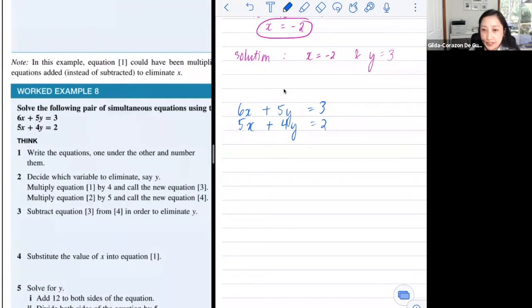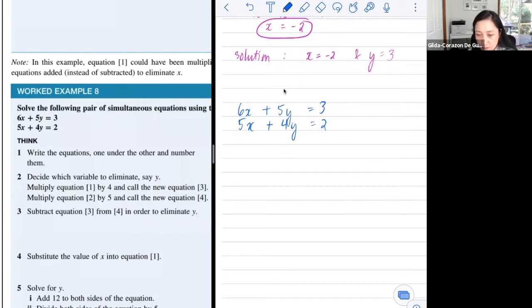So what we're looking at here would be your least common multiple, right? So you can change the y term. We can just choose x or y because they're equally difficult, right?